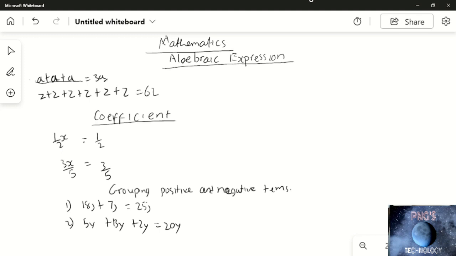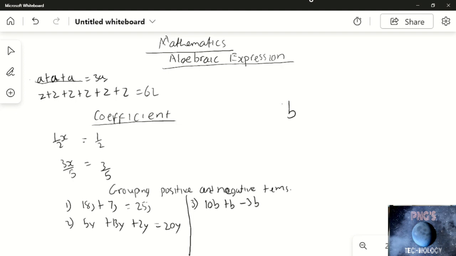So let's see when we're having positive and negative terms altogether. Let's assume we're given, for example, 10b plus b minus 3b. So 10b plus b: remember, an ordinary b is 1b, because if I say just b, how many b is here? We just have 1.